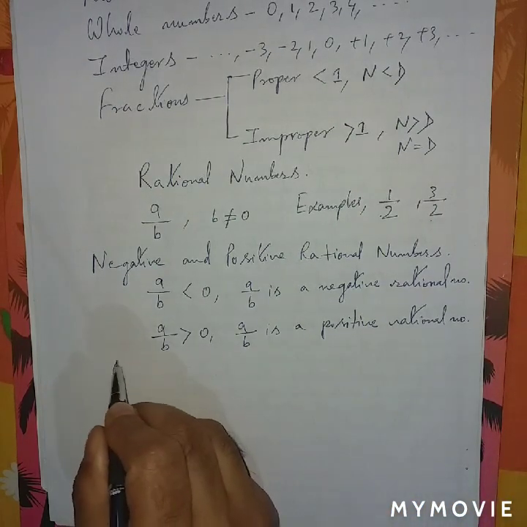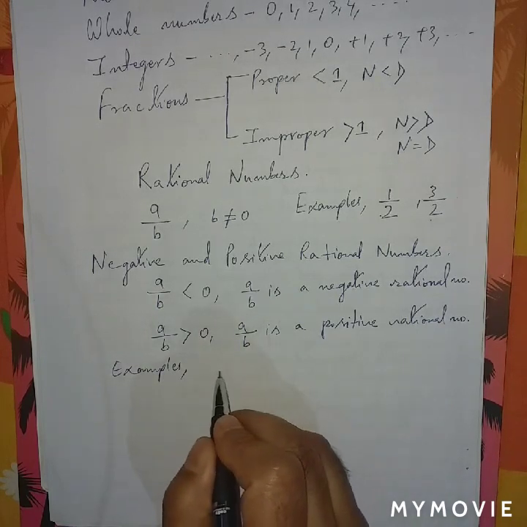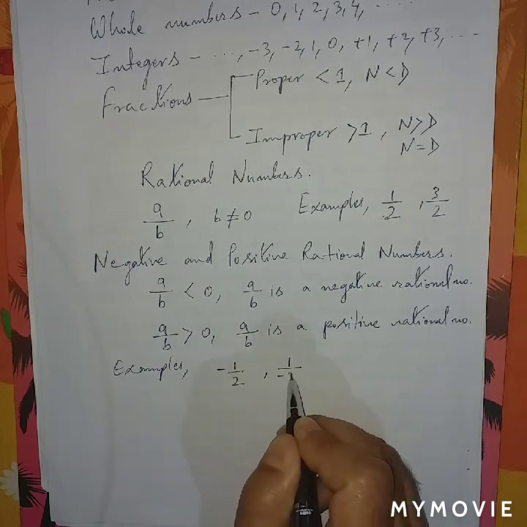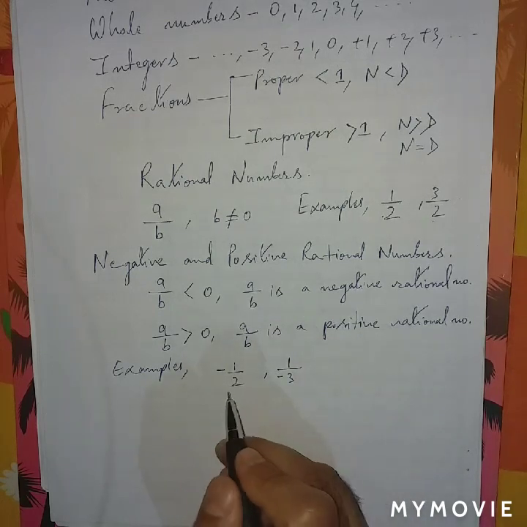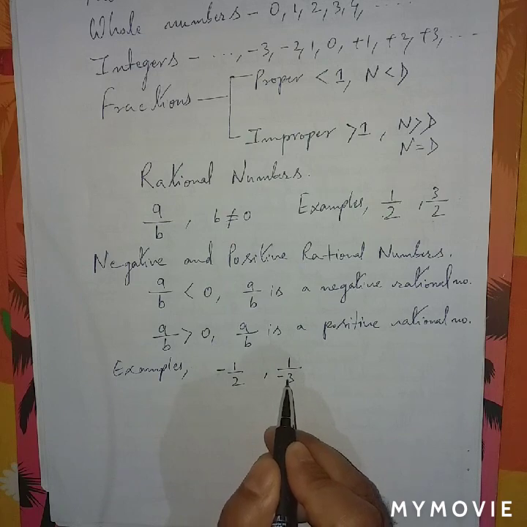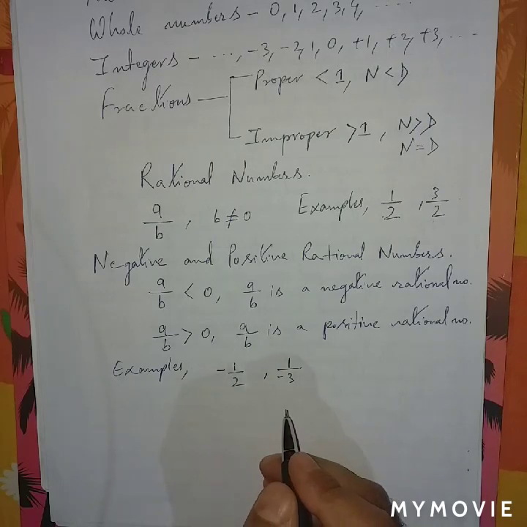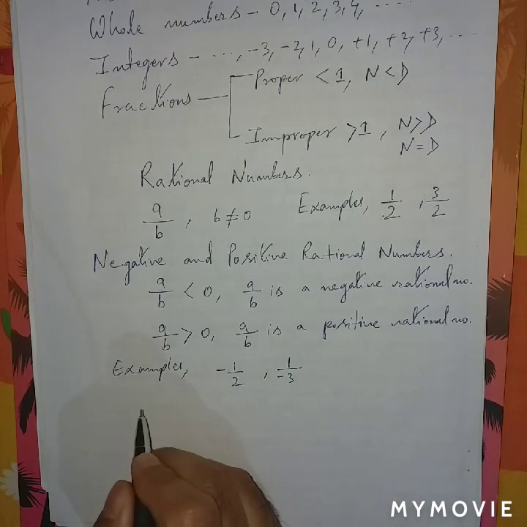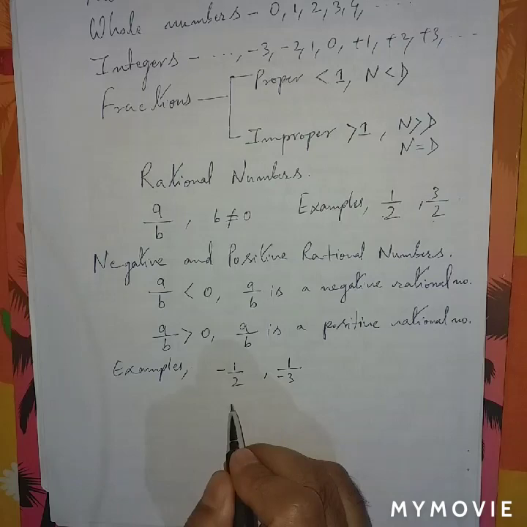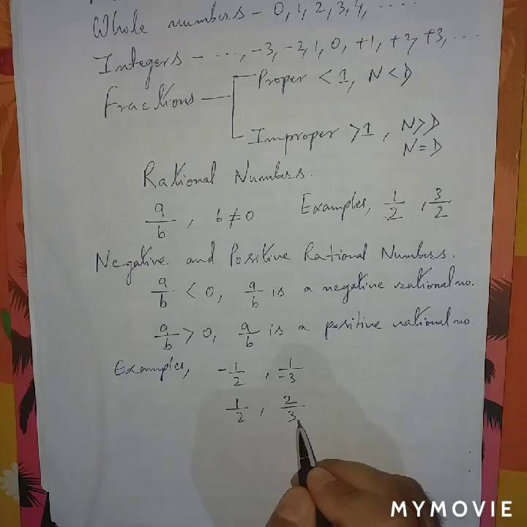Example of a negative rational number is minus 1 by 2 or 1 by minus 3. The negative sign, whether it is in numerator or in denominator, doesn't make any difference. In these two cases, both are negative numbers. Now, examples of positive rational numbers: 1 by 2, 2 by 3, like this.